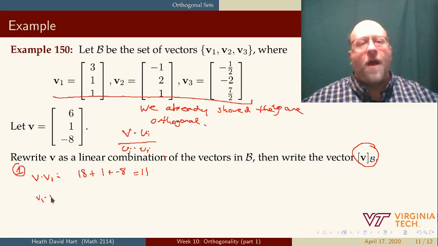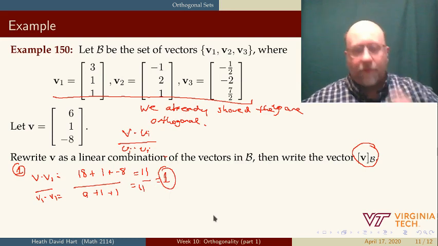And v1 dot with itself is 3 times 3 is 9, 1 times 1 is 1, 1 times 1 is 1 again, 9 plus 1 plus 1 is 11, 11 over 11 is equal to 1. So that's our first coordinate.